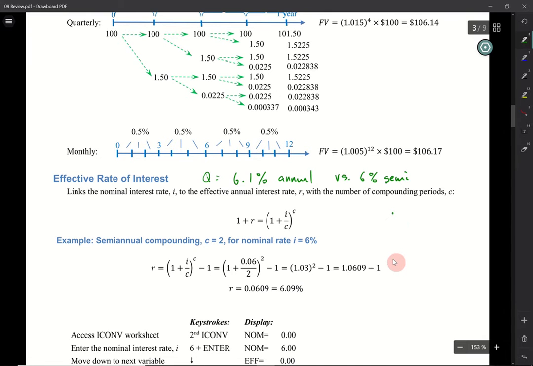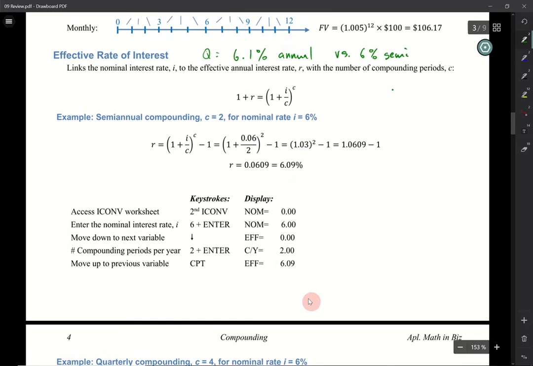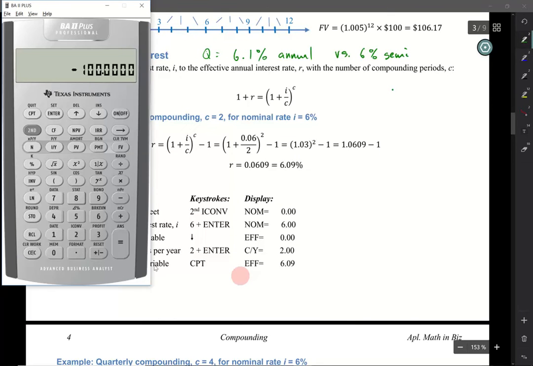Okay, and so again, on the calculator, there's this iConv, which is the interest conversion worksheet. Just go to iConv. And then here, say for a nominal rate of 6%, what is the effective rate? So we go down and we say we want compounding to be 2. So you do 2 and enter.